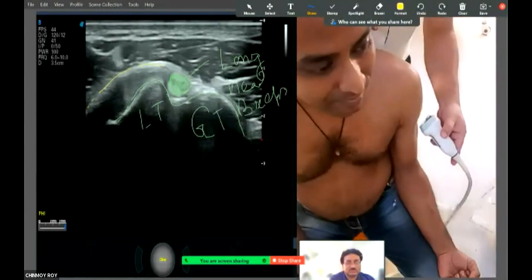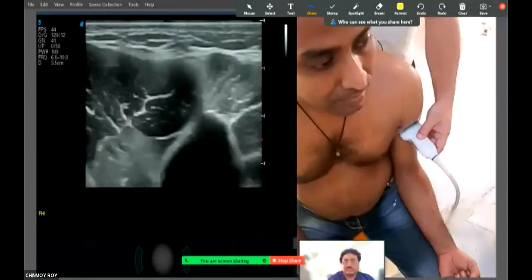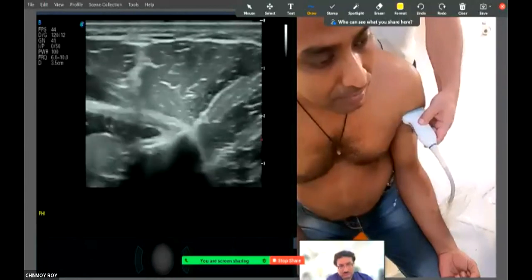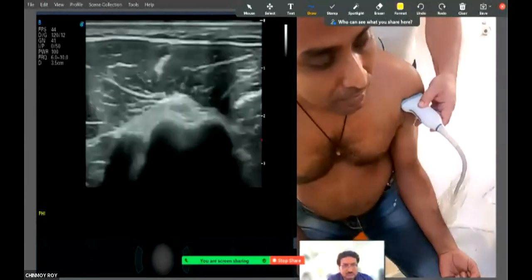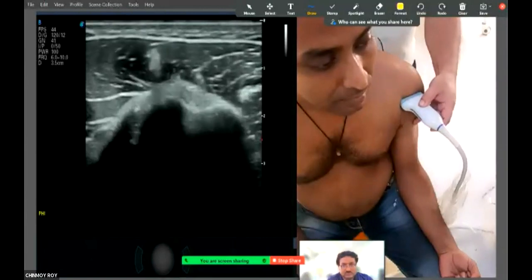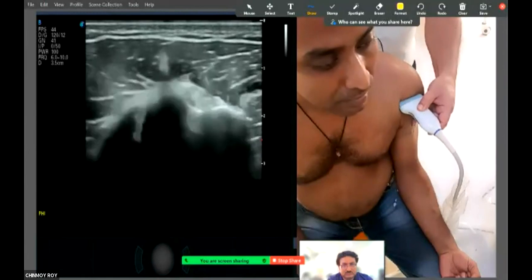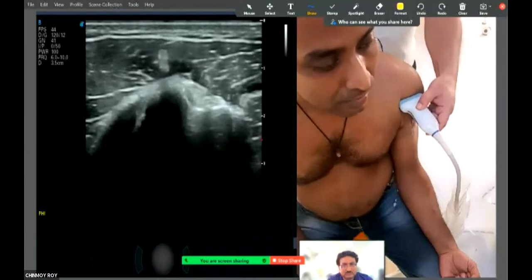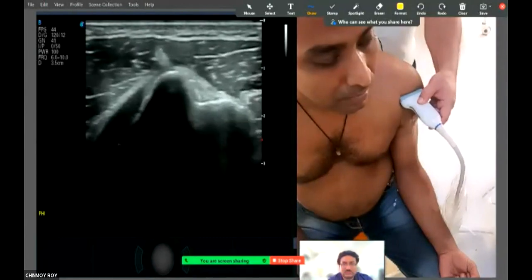Again, you see the humerus, gradually I'm coming, and it is the two tubercles, and just above this is the tendon. This is the big bicipital tendon.